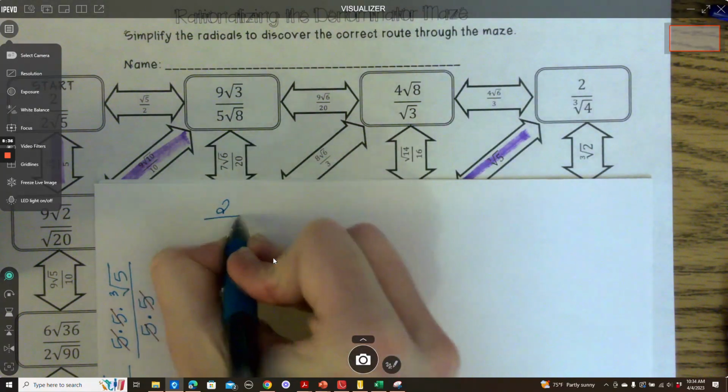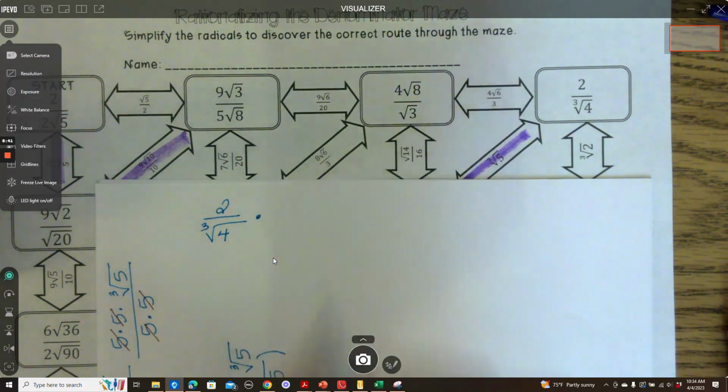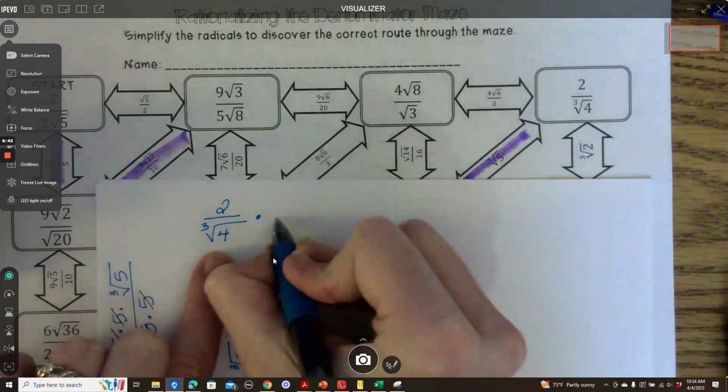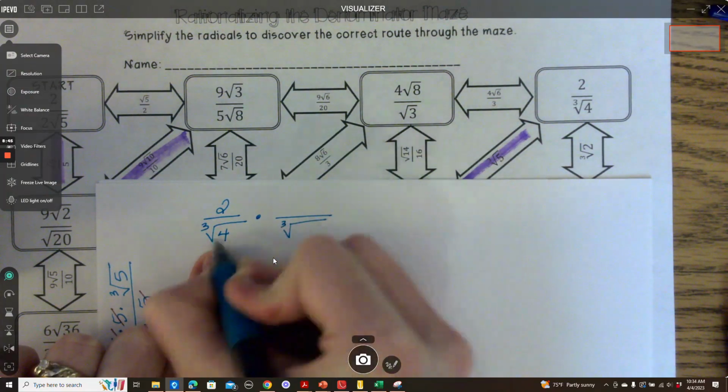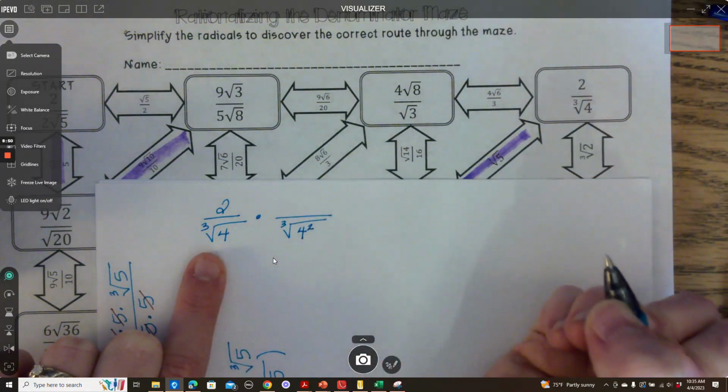2 over the cube root of 4. Okay, cube root. So it's going to be the number under the cube root squared.